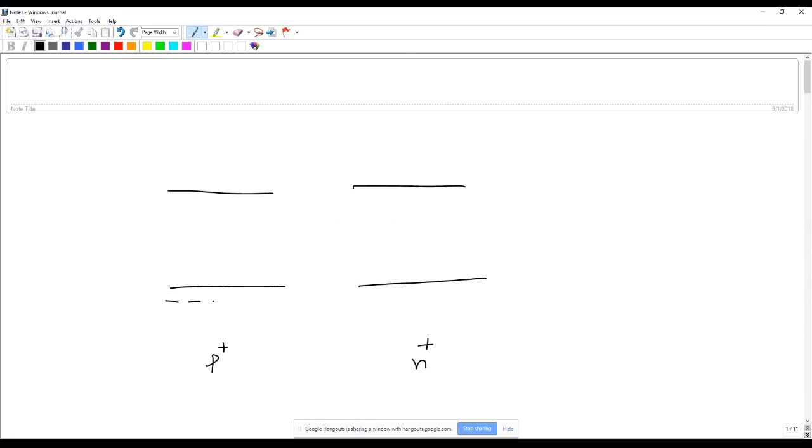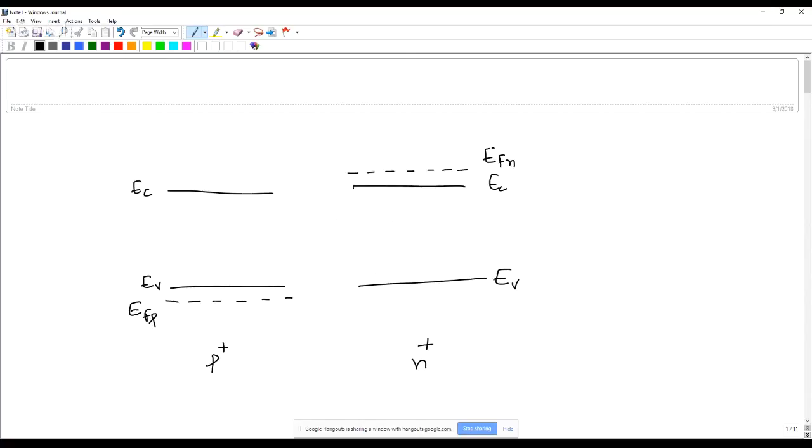So here my Fermi level is in the valence band. If you remember from earlier, we were always drawing the Fermi level between EC and EV. And now I'm drawing the Fermi level below EV, in the valence band. And here I have the Fermi level in the conduction band, EFN. So these are essentially heavily doped semiconductors.